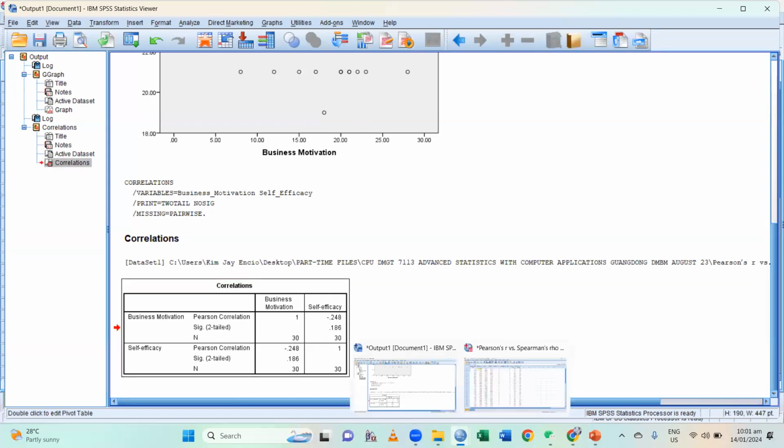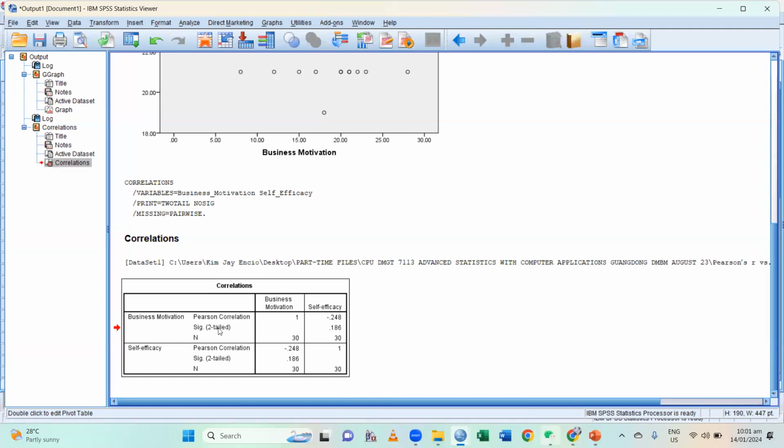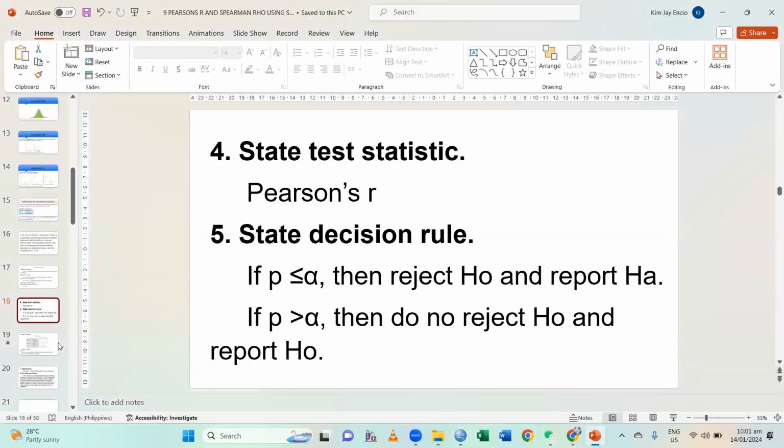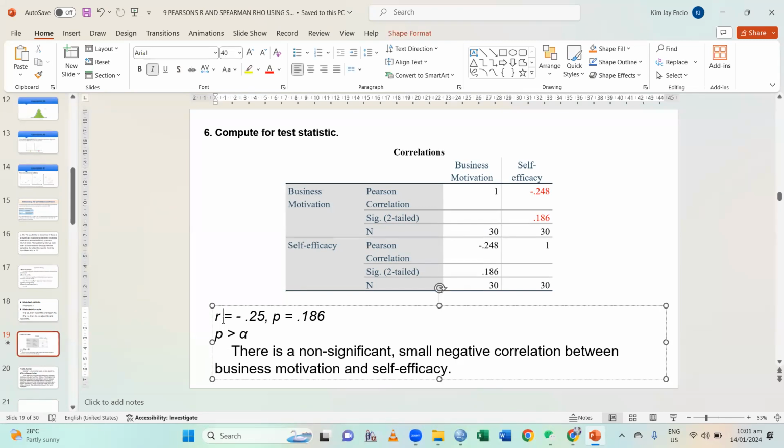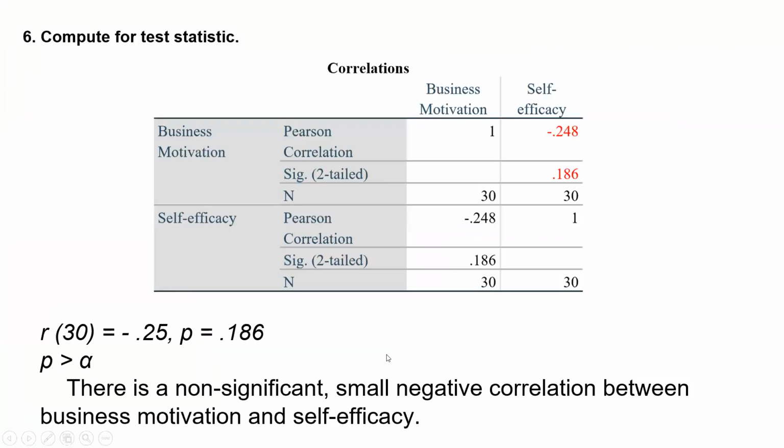I will go back. I copy this and place it here. For a quick modification, I just place here 30. So here is the Pearson table.